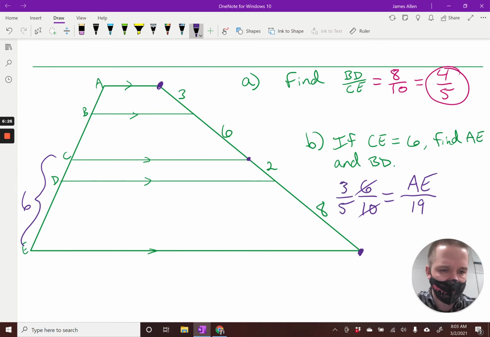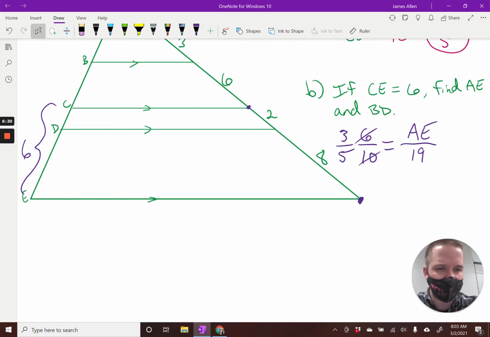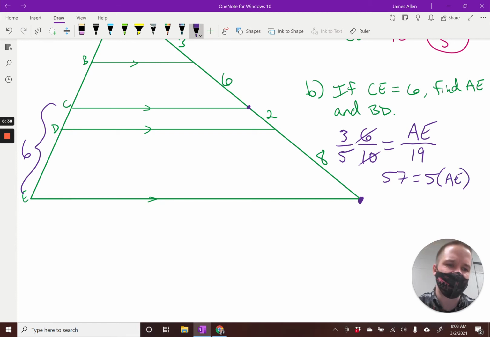And now I can cross multiply. 3 times 19 is 57 equals 5 times AE. I'll just put AE in parentheses. It's a little weird, but we don't have a whole lot of algebra to do. Then I'll divide by 5 on both sides.